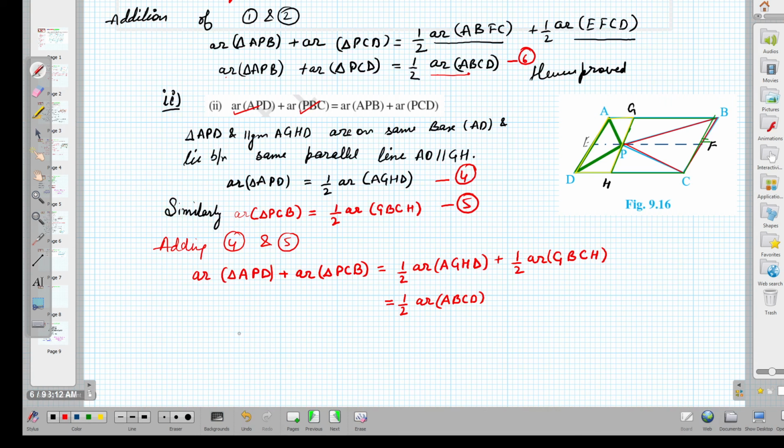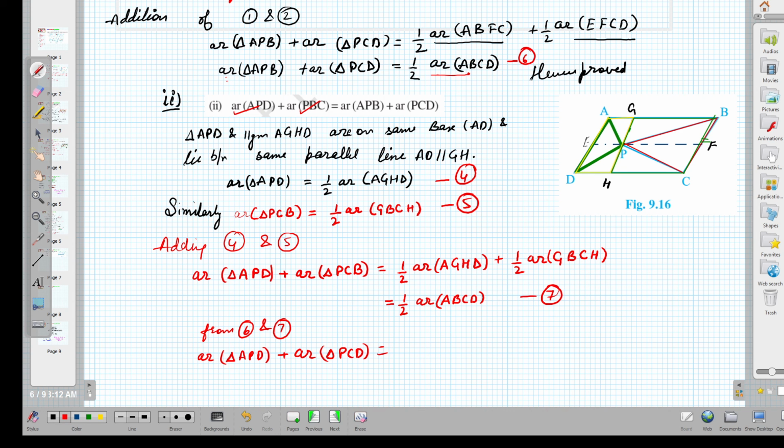So we can write from 6 and इसको हम 7 लिख सकते हैं. 6 and 7 we can write this area of triangle APD plus area of triangle PCB, ठीक है, is equal to this one, but this is equal to what?